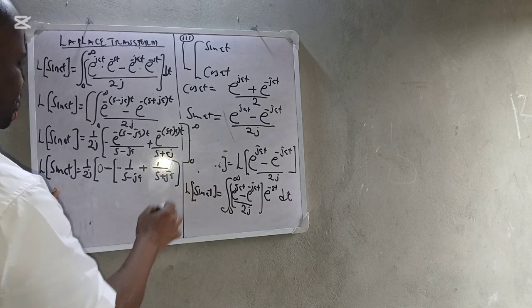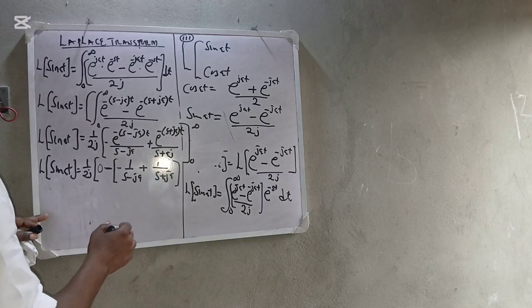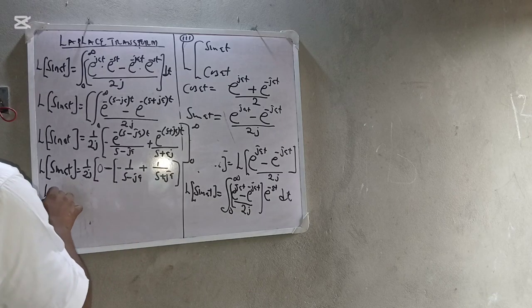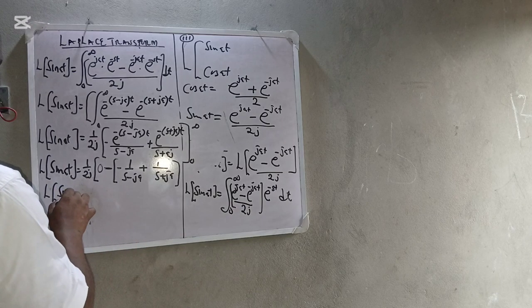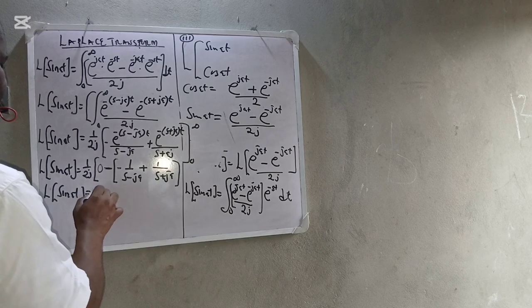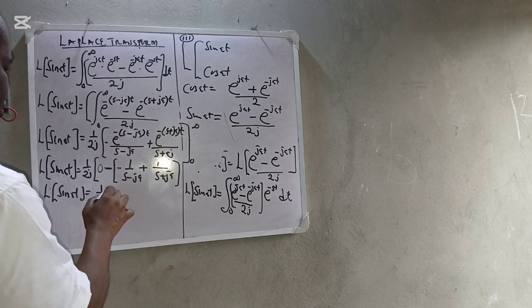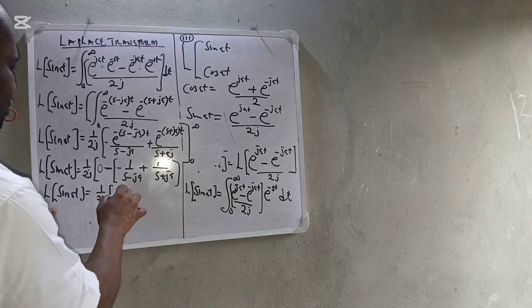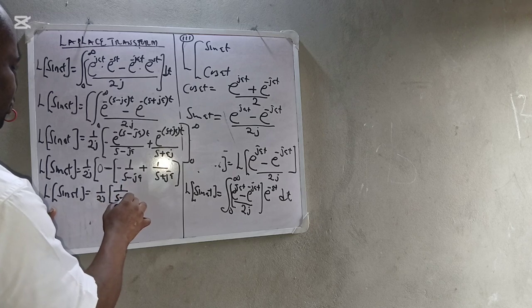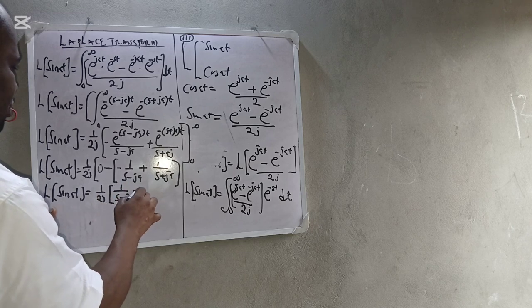So at this point we can actually rearrange the equation. That Laplace of at becomes 2j into this minus this.